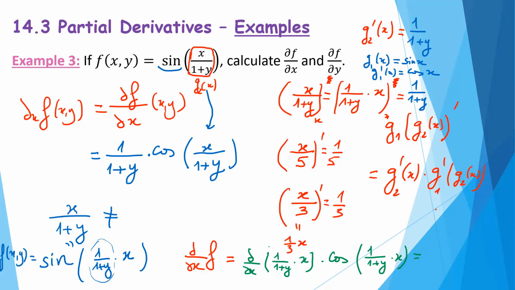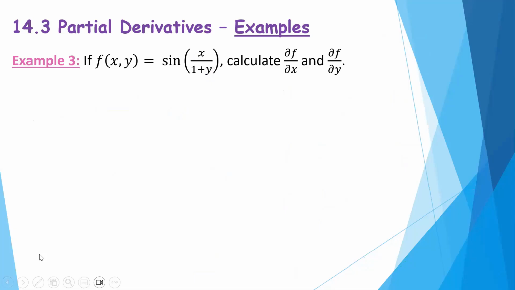And this partial derivative is 1 over 1 plus y times cosine of x over 1 plus y. Okay, when you compose, you derive the inner part times the derivative of the outer part evaluated at the inner part. Let's see df/dy. df/dy is a bit more complicated than df/dx in this case.